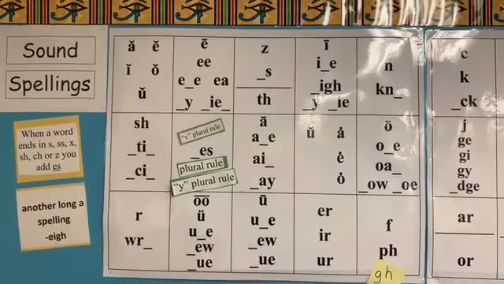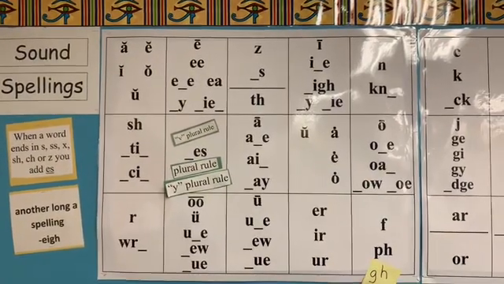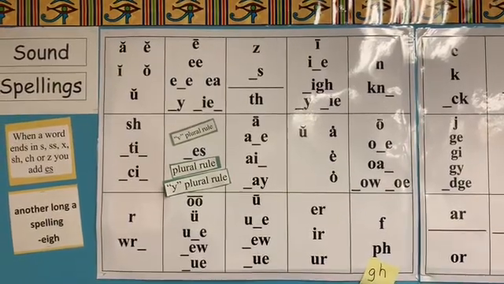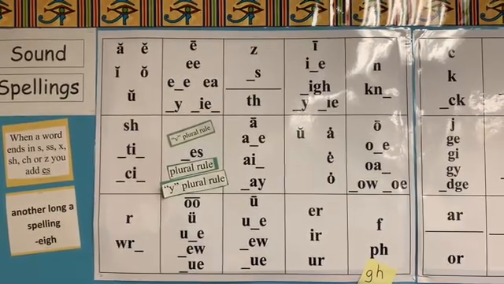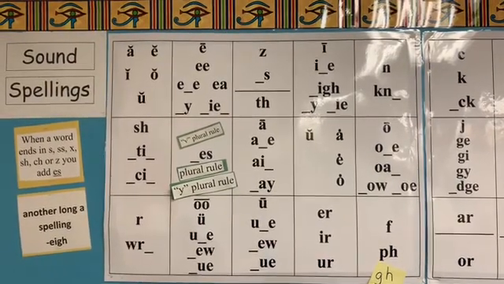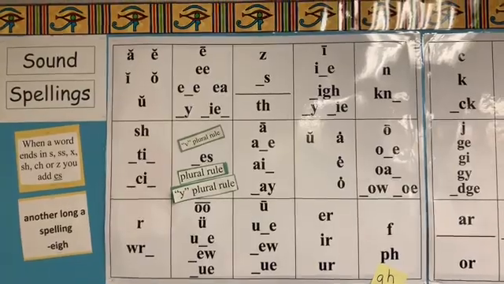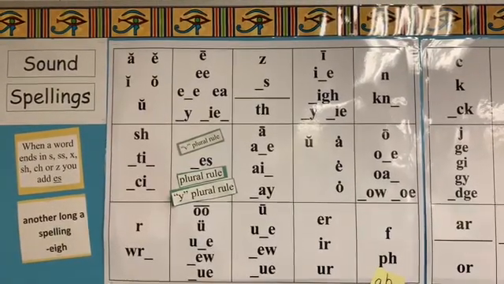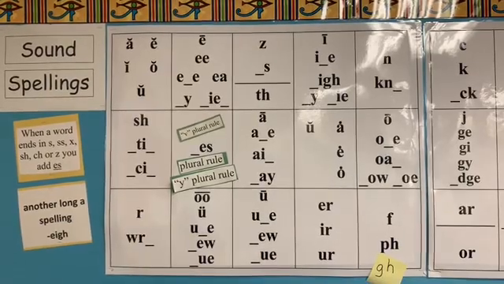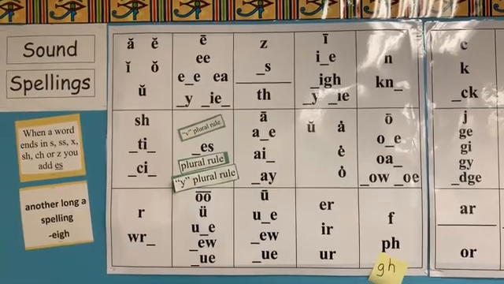Sound, A. Spellings, A mark, A blank E, A-I blank, blank A-Y. Schwa sound. Spellings, A dot, E dot, O dot. Sound, O. Spellings, O mark, O blanky, O a blank, blank O-W, blank O-E.